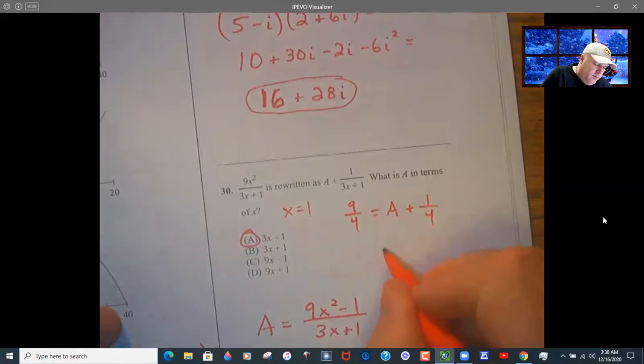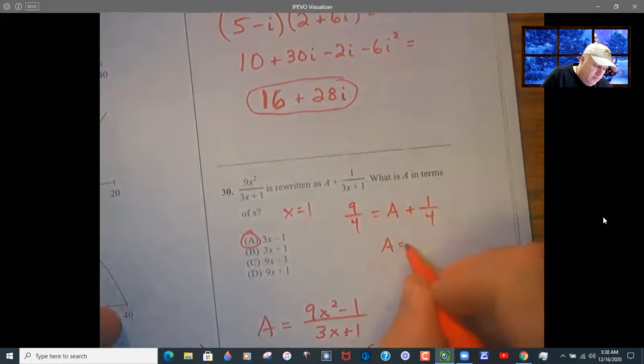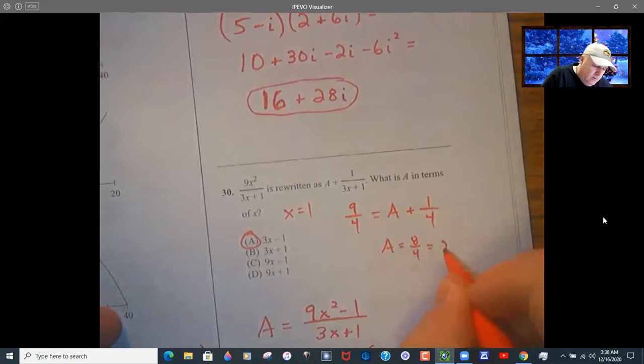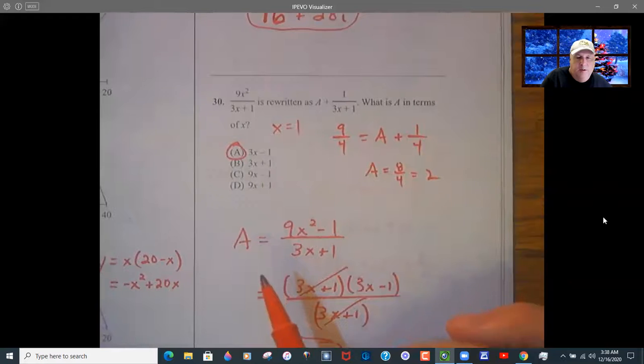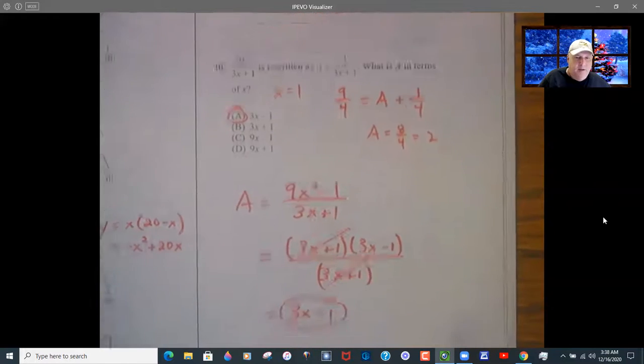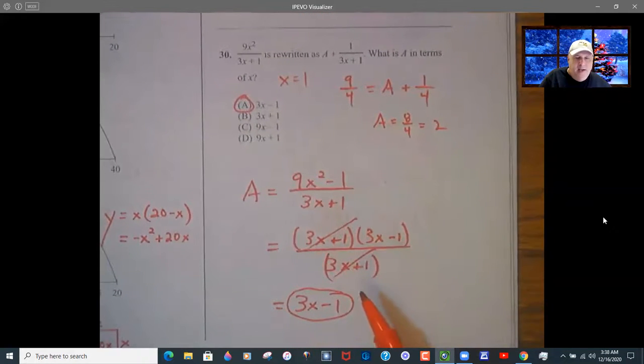Well, a would then be 2, 8 over 4. So which one of these is 2 when you let x be 1? Numbers game. Other than that, you can factor and cancel. That works too. But I like the numbers game a lot. So that's problems 21 through 30 on SAT practice test 2.